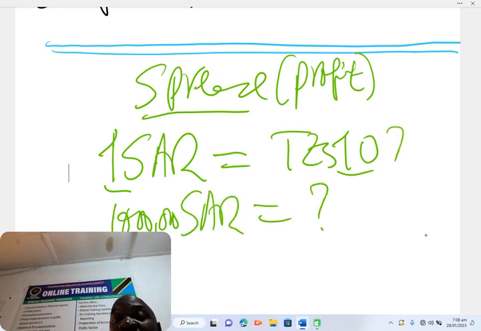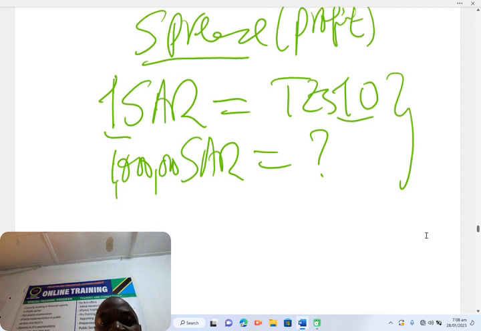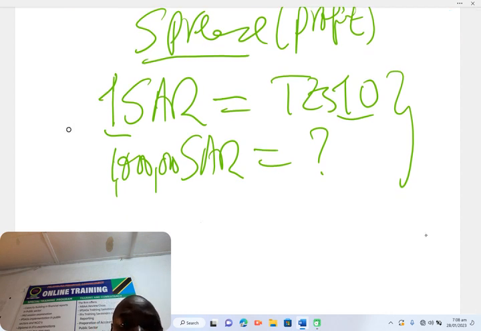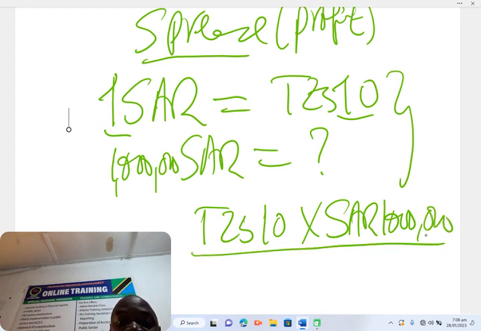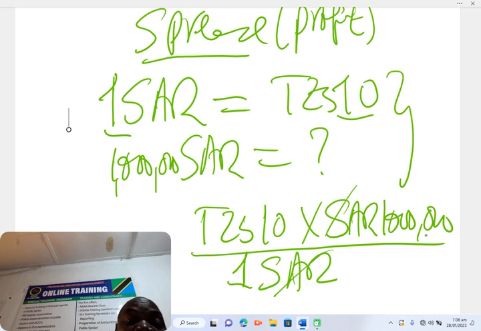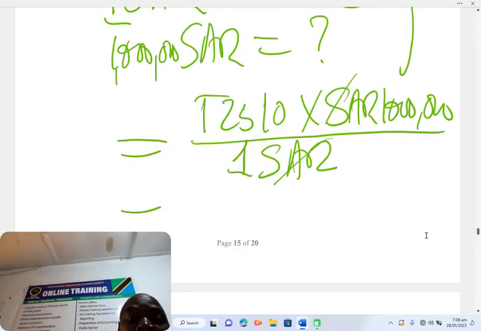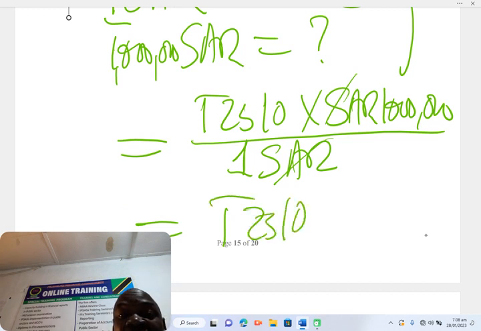Is equal to how much? So it is TZS 10 times South African rand 1 million divided by South African rand 1. So this cancels this one. So a profit on a bank dealer is TZS 10 million.